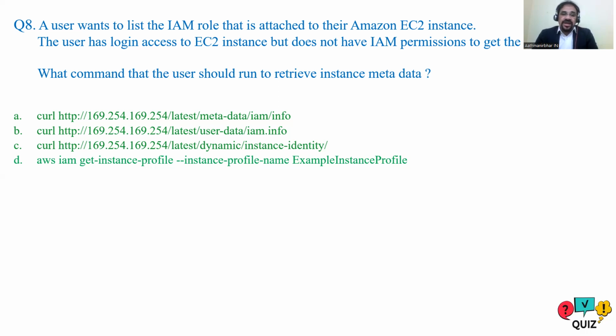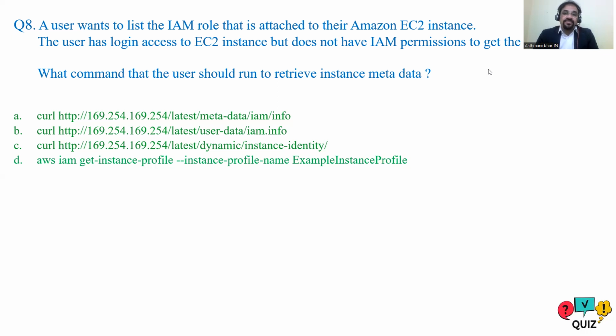Option D, AWS IAM, works in PowerShell, in Windows-based. So to pull out the metadata, it will go with any of the curl commands. A PowerShell command will not help to pull the information. So with the curl command, we need to choose the answer between A, B, and C.